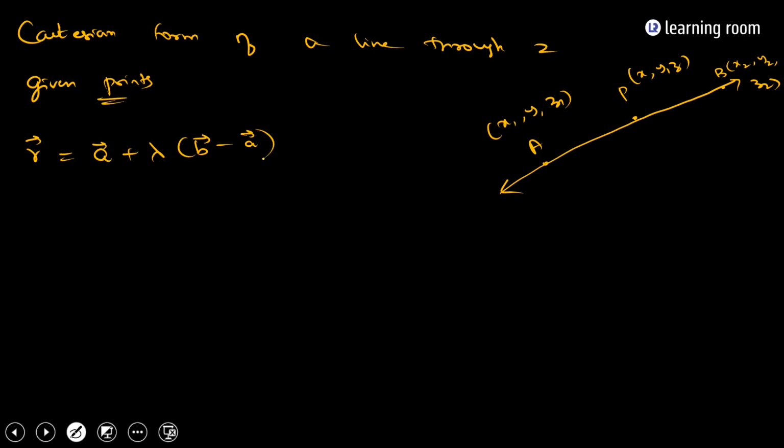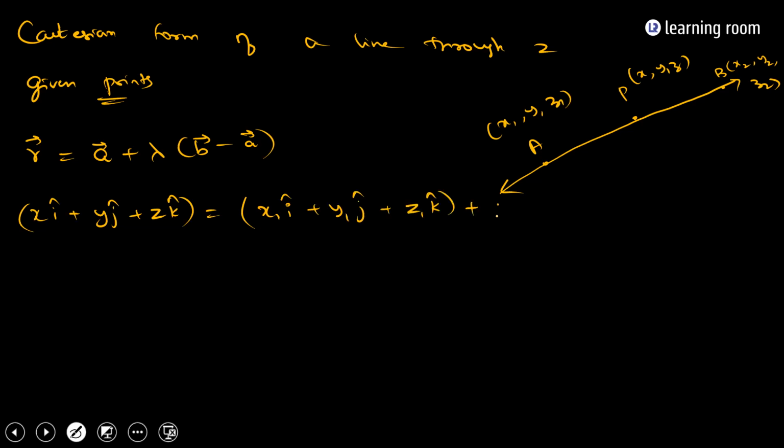But what is going to be R vector? R vector is x i cap plus y j cap plus z k cap is equal to what is A vector? A vector is x1 i cap plus y1 j cap plus z1 k cap plus lambda into what is going to be B vector minus A vector? It will be x2 minus x1 i cap plus y2 minus y1 j cap plus z2 minus z1 k cap.